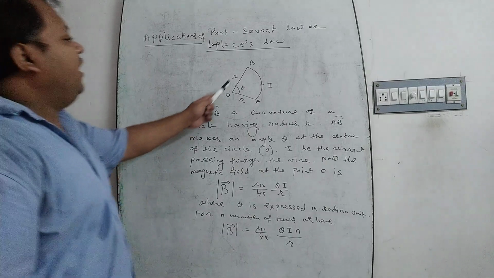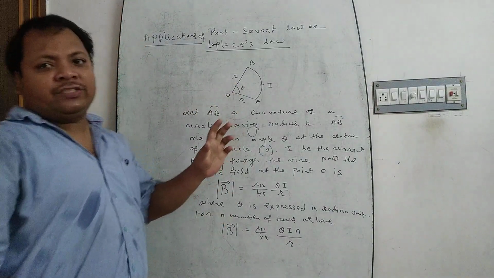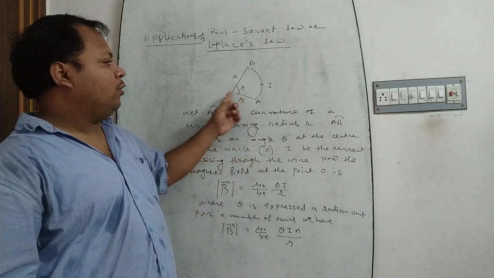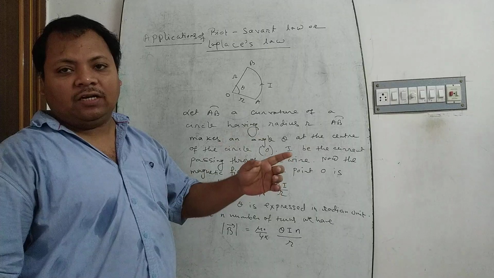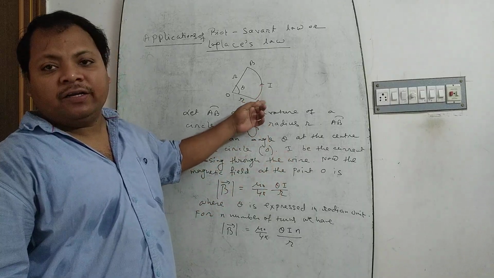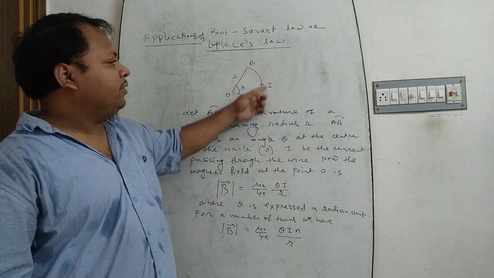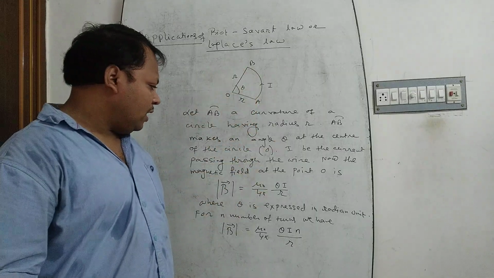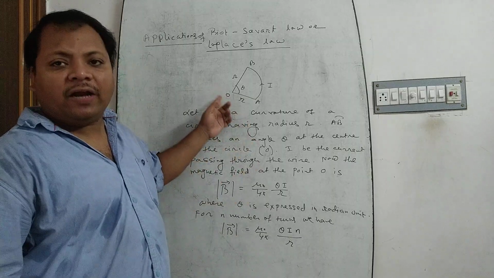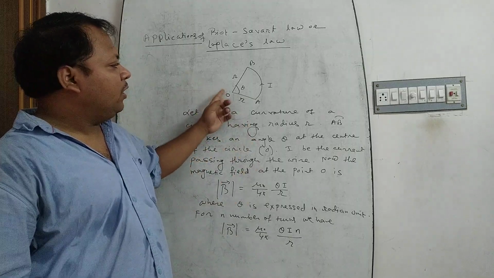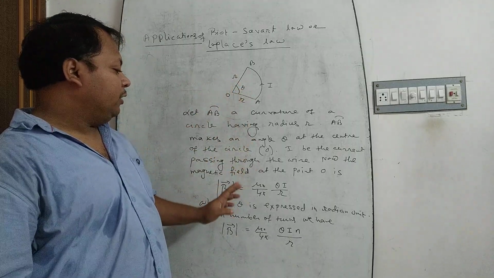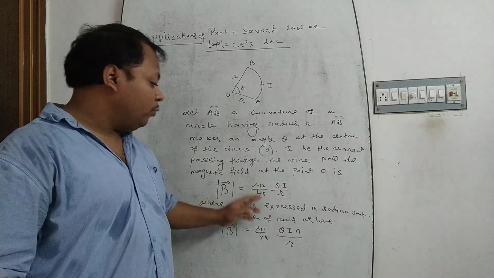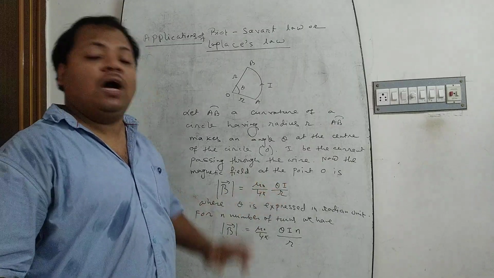Let AB be the curvature or small segment of a circle having radius r. O is the center of the circle. I amount of current is passing through the curvature, or arc AB. Now the induced magnetic field at the center of the curvature, that is at the point O, is magnitude of B equal to mu 0 by 4 pi theta I by r.